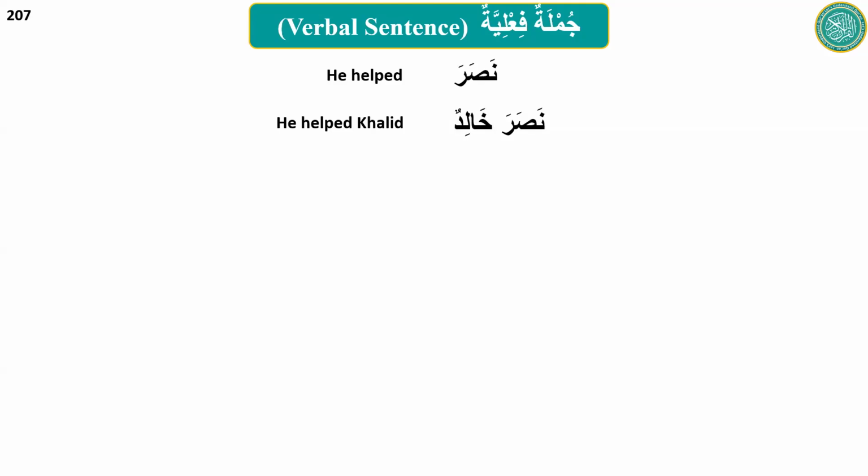Yeah, it's marfu, rafa. What is the inside doer of Nasara? He. When he is the inside doer, we look for an outside doer. So Khalidun could be the outside doer or no? Yes. What's the meaning now? Nasara Khalidun. Khalid helped. But what I wanted was he helped Khalid.